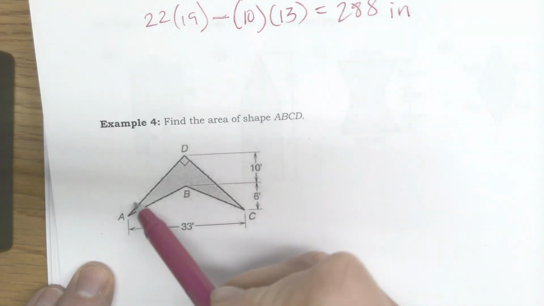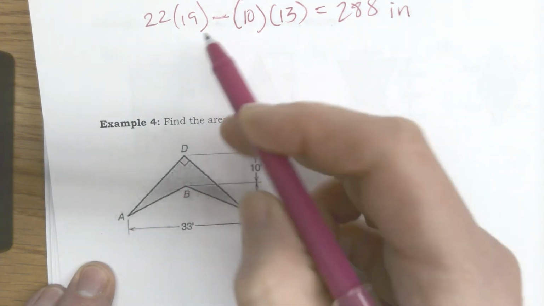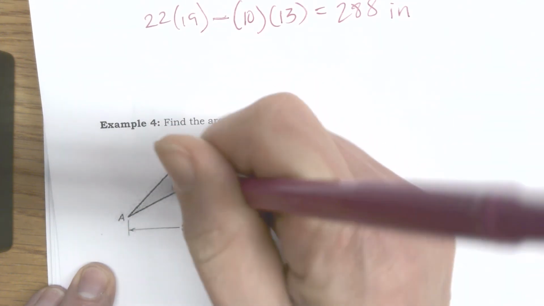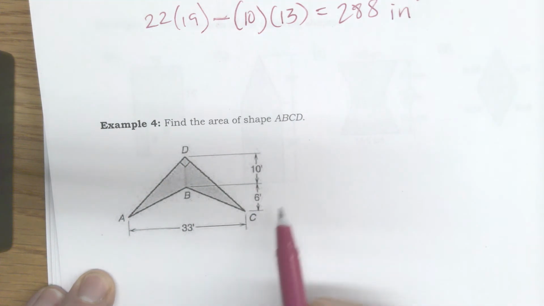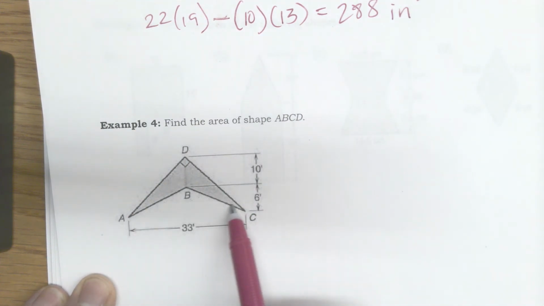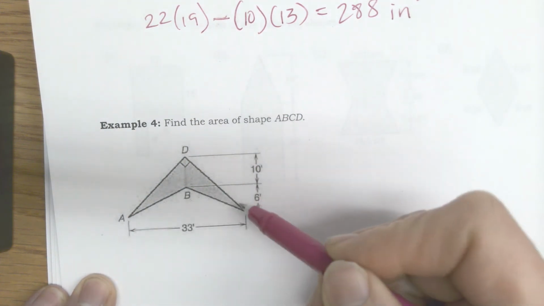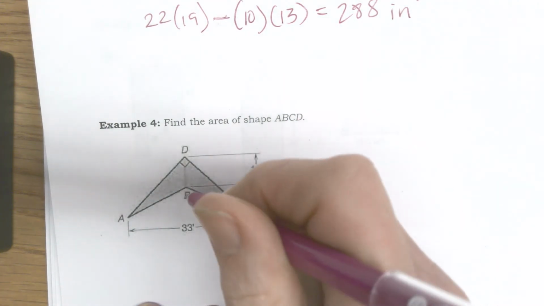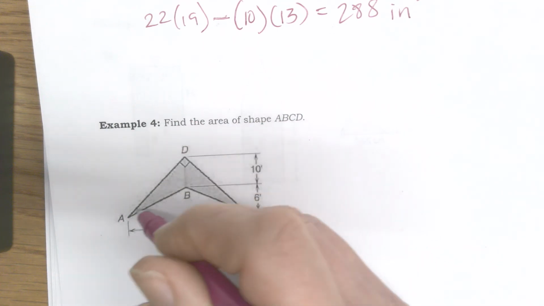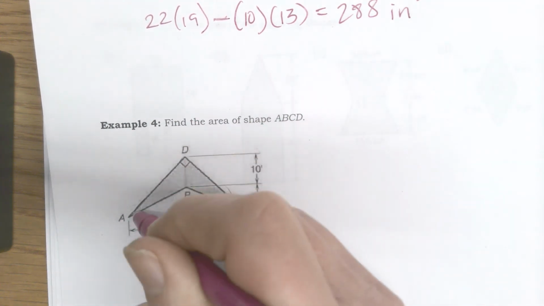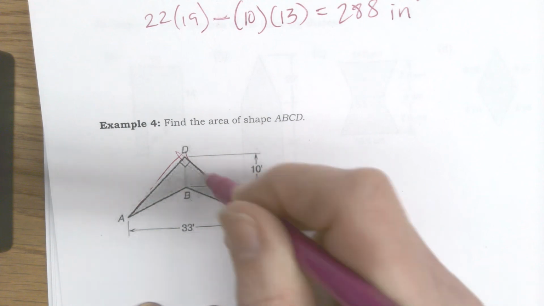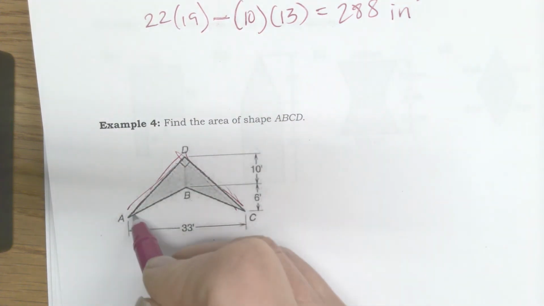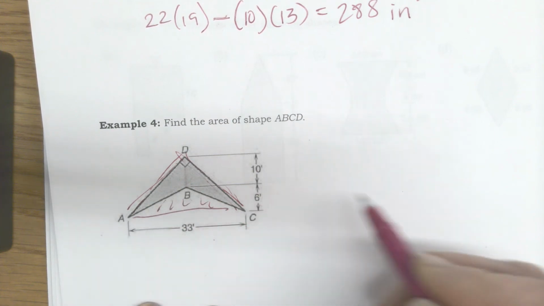Like with this one, maybe I would do 2 triangles. Nah, I don't know if that'll work. I might just have to look back at some of my formulas. Probably I would do this whole thing here, minus this little piece, maybe.